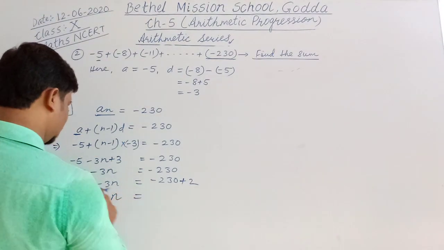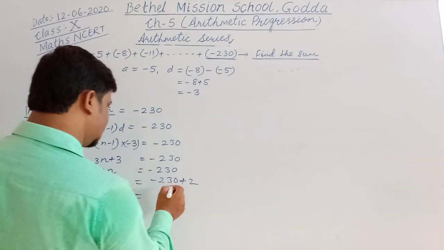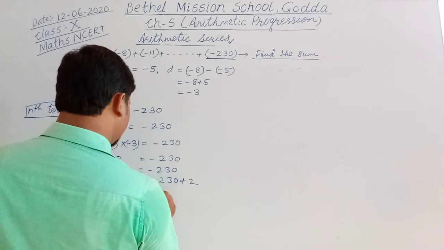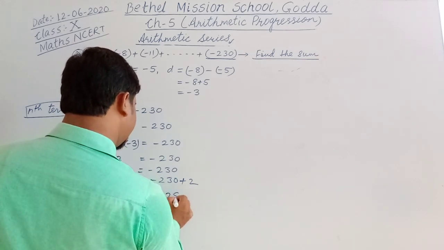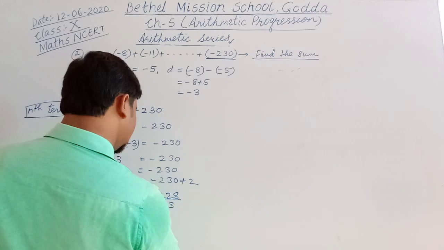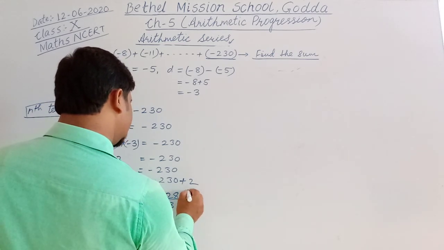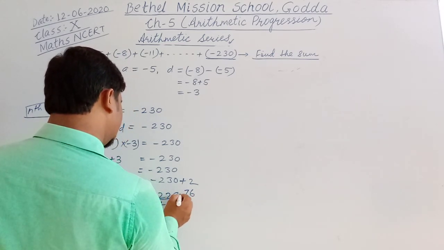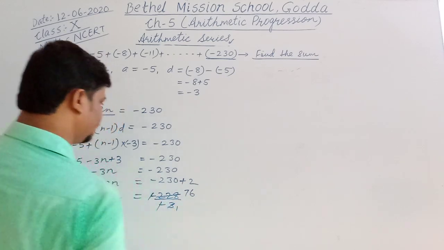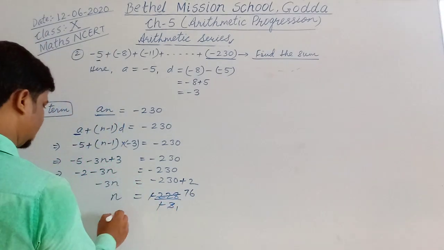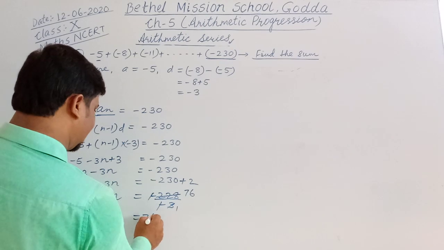N equal to -228 upon -3, the minus signs cancel. 3 7s are 21, 3 6s are 18. Therefore n equal to 76.